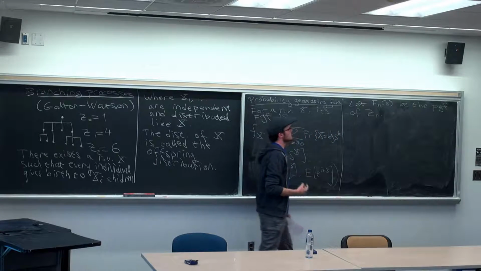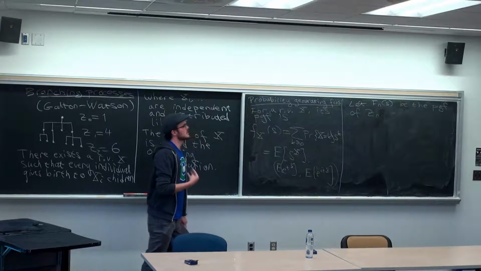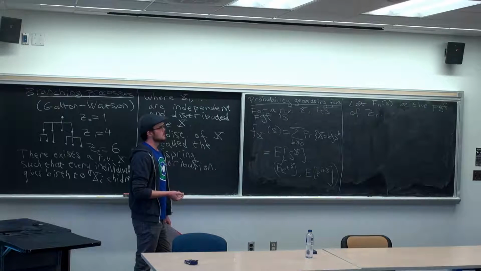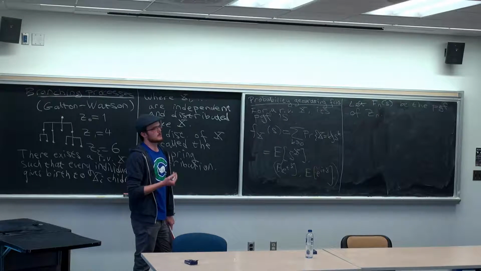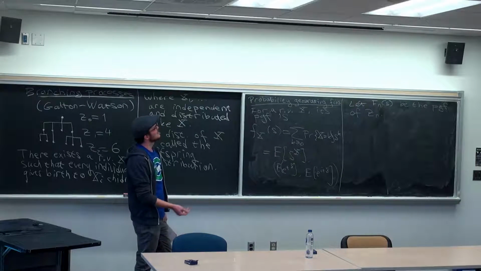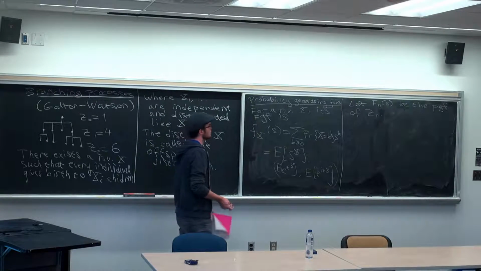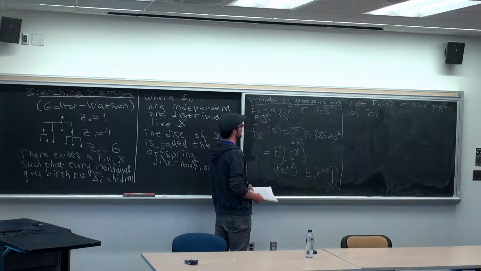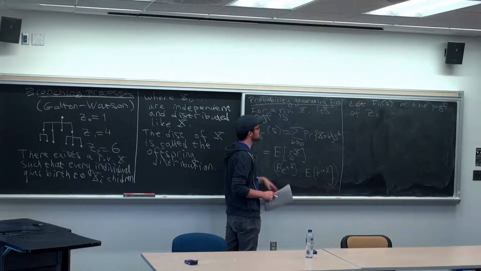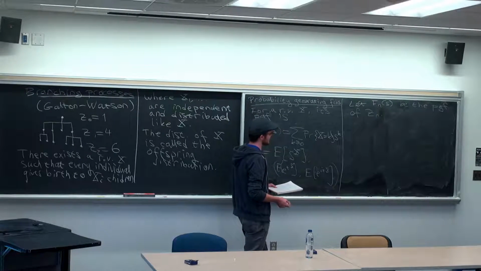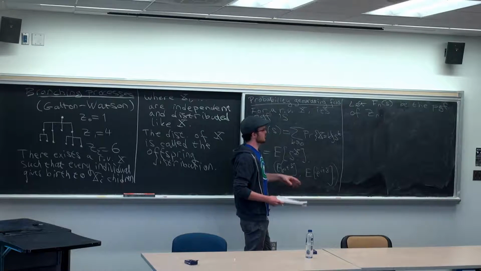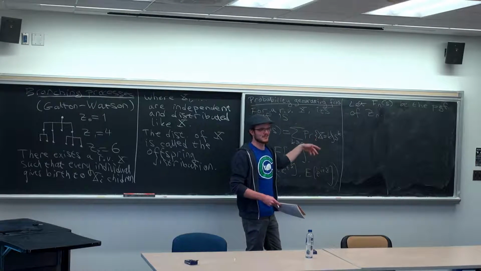So that's the variable we're interested in. We want to know the distribution of this Zn. So what we're actually going to do is find out the PGF of it, and then sort of read off from that what the distribution is, if possible. There are techniques of going between them. Let's not get into it. It's pretty elementary. You can just take derivatives and plug in the right thing.